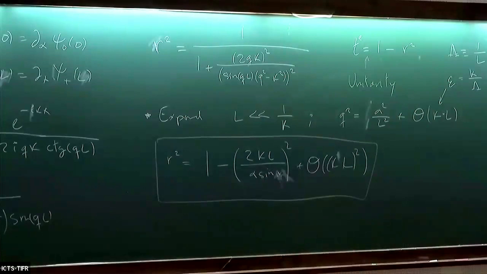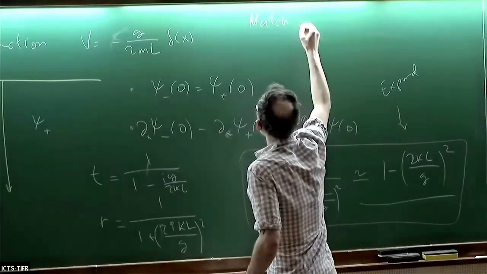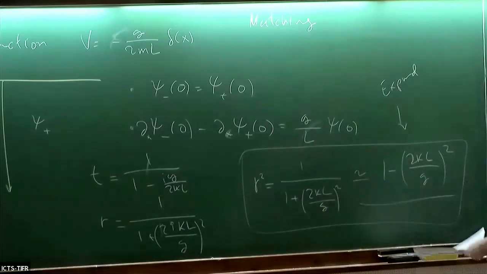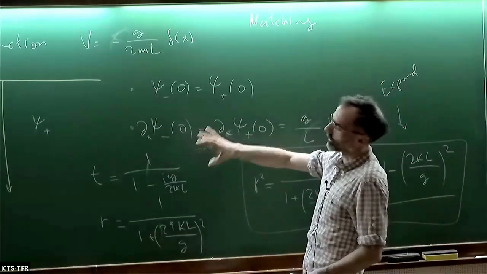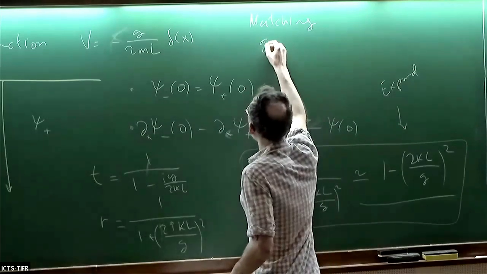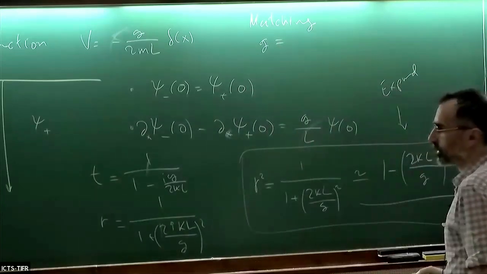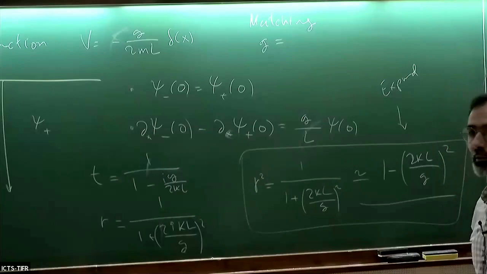But if I match them, if we look at matching, we'll say that this delta model, or this delta EFT, if you want to call it, can reproduce that square well model if we identify G with what? Can you see it?